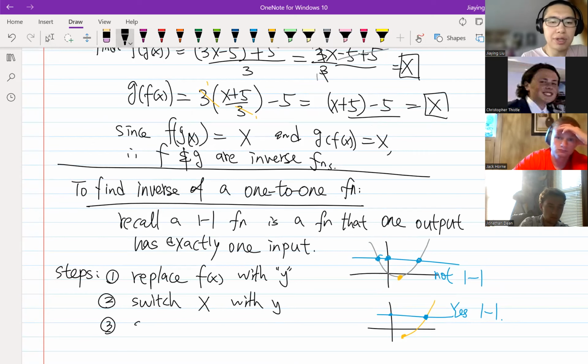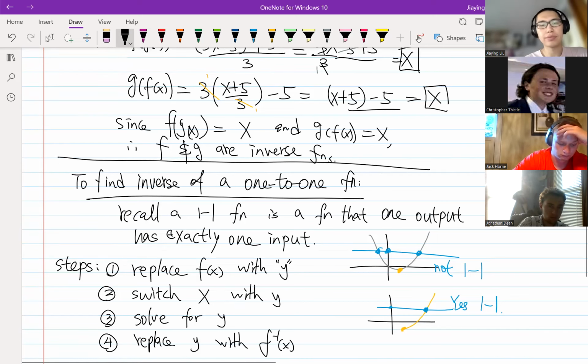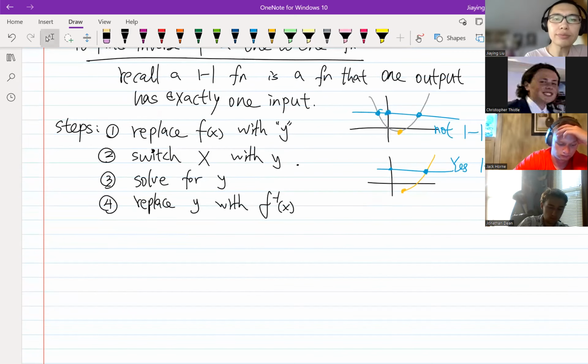Step 3, we solve for y. Step 4, we replace y with f inverse of x to show that what we get at the end is the inverse function. Now, you probably remember the process slightly differently, but more or less at some point you're going to need to switch x with y and solve for the new y. But those are the 4 steps using correct notation.